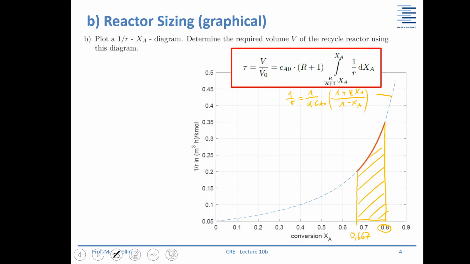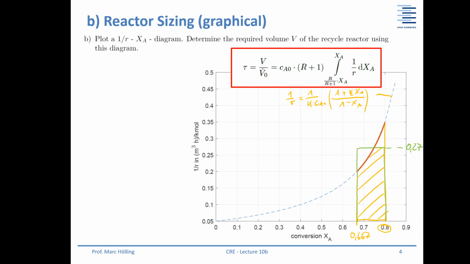If you want to do it in a very simple way, then you just say, okay, I need a rectangle that has the same size as this area here, and maybe assume this rectangle here. I just said this might be equal to 0.27.